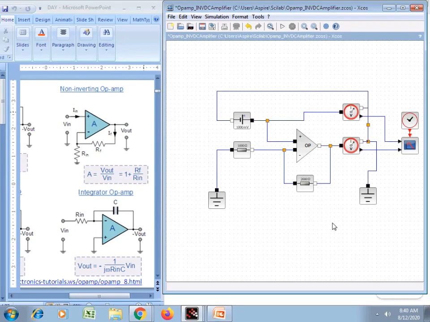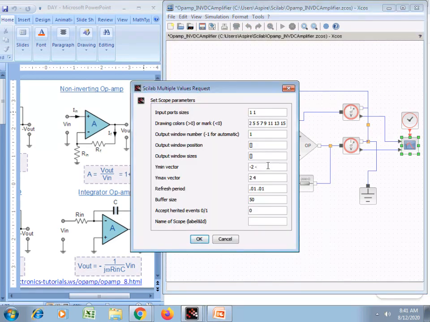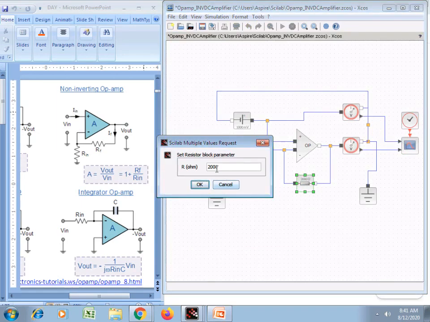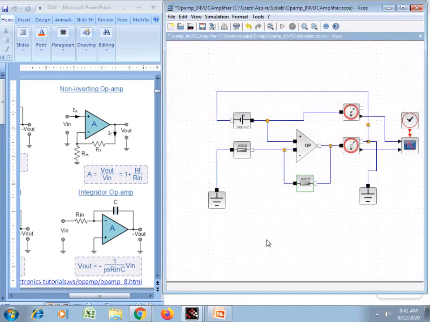Now this diagram is complete. I will set the parameters for the scope. The parameter for the second input to the scope I have set to -4 and +4, and this value again I will set to 1000 ohm. Now run the simulation.